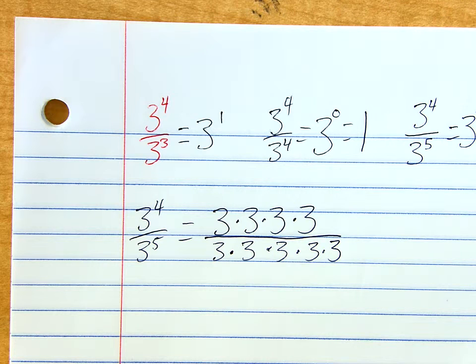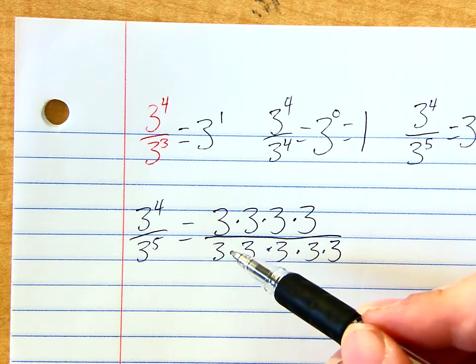So what's happening here is that I have 4 of these 3's on top, 5 of them on the bottom, but just like when you were in elementary school, when you realize, oh, hey, look, if I have the same thing on top and bottom, you can reduce this. 3 over 3 is just 1, isn't it?